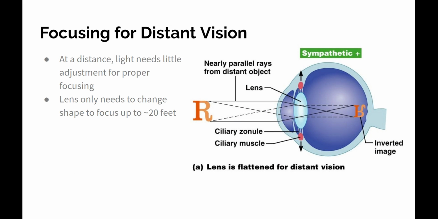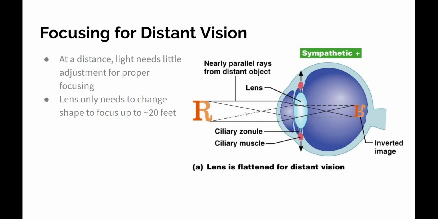When you're looking at something at a distance, the light doesn't really need a whole lot of adjustment in order to focus on it. Your lens actually only needs to change shape up to about 20 feet. After that, your lens doesn't really need to change a whole lot. That's because if you look at an object that's far away, at 20 feet, the light that you need to have enter your eye in order to make up that image is pretty much parallel to the eye at this point.